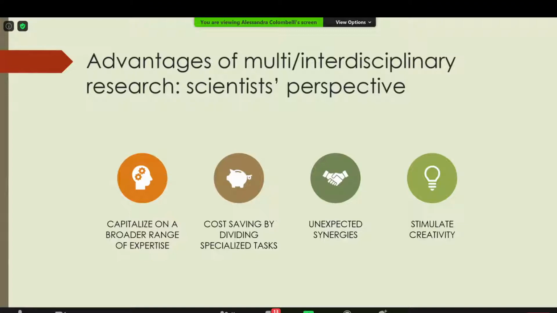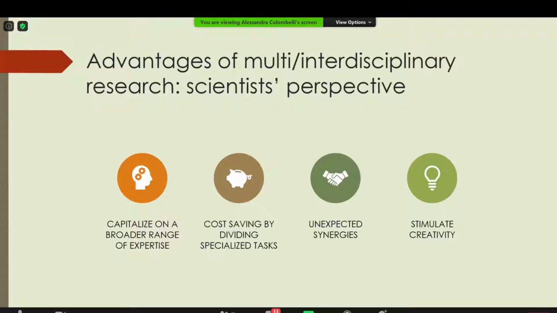But so far I have presented and discussed the policymakers' perspective on interdisciplinary research. But what is the scientist's perspective on this?